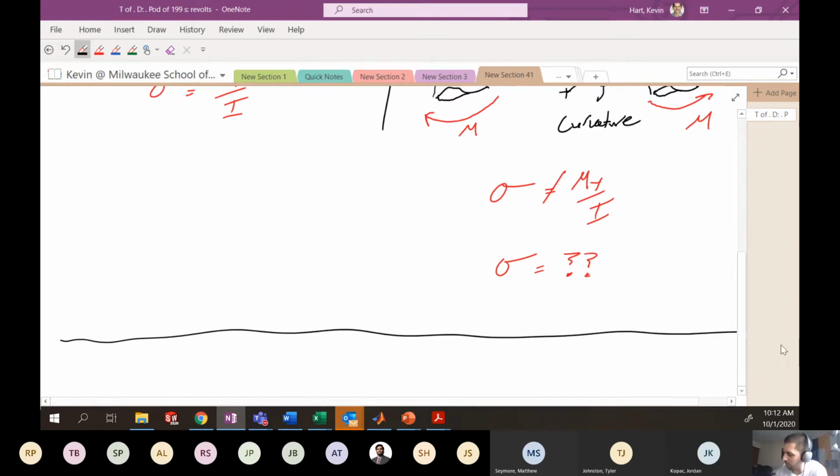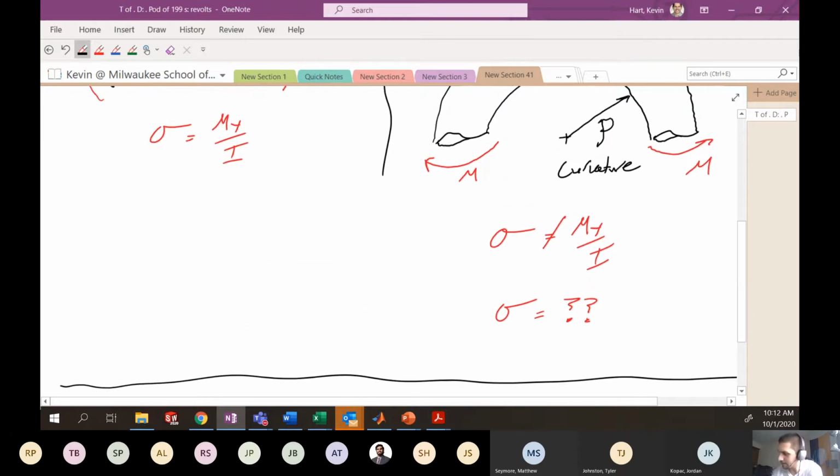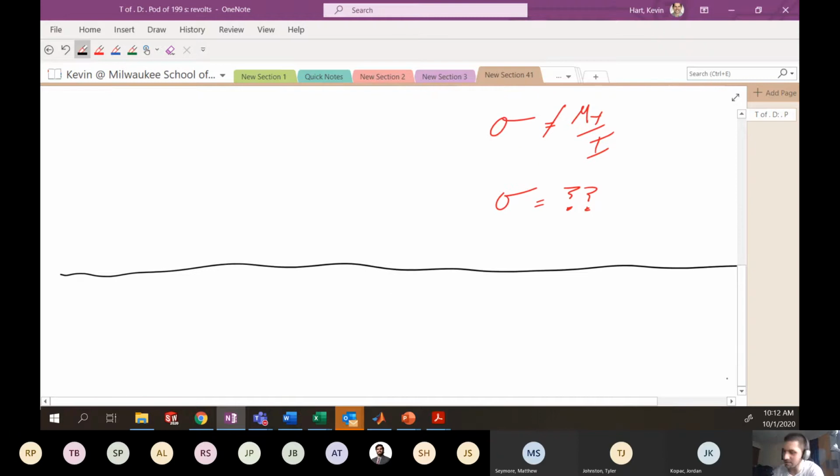So let's go through this process. And the first thing I want to do is jog your memory on where this guy came from for straight beams, because that will help us with our derivation of the stress equation for curved beams. So first thing I want to talk about is how we derive stress in straight beams.